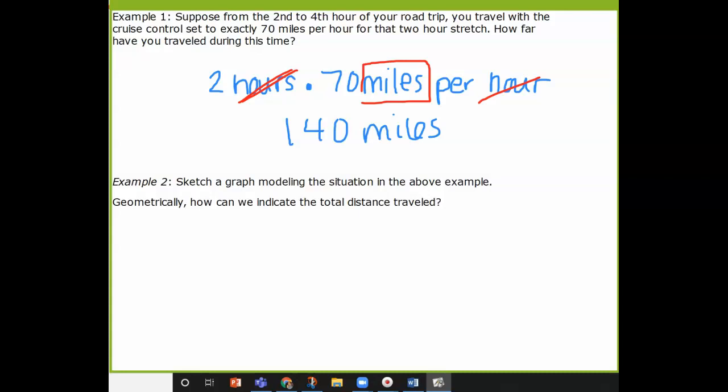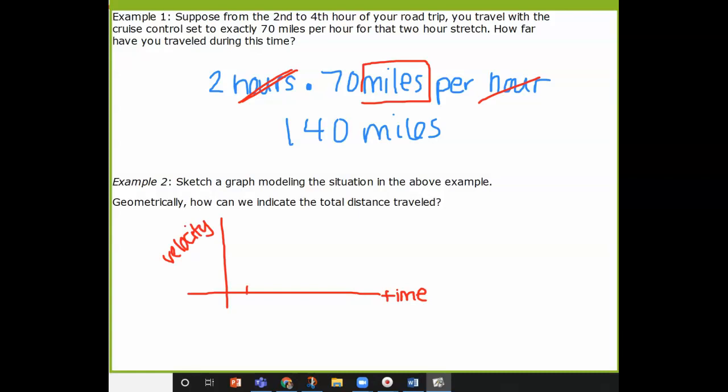Sketch a graph modeling the situation in the example above. Geometrically, how do we indicate distance traveled? So if you think about back in the day, you had time and velocity. So this is like a velocity time graph.